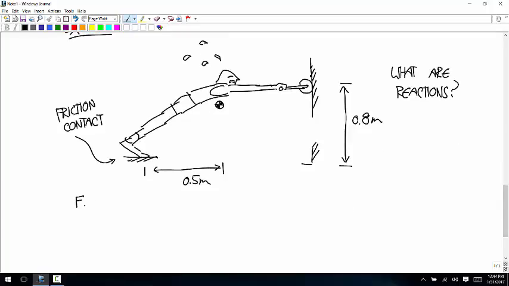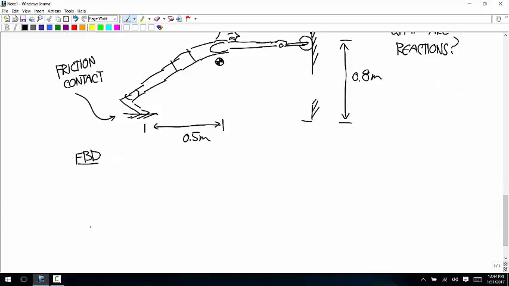So let's draw a free body diagram and see what's going on. A roller is one of the joint types that I listed.